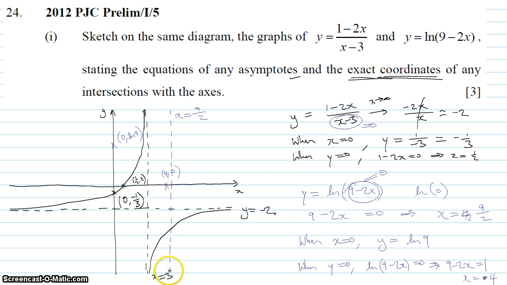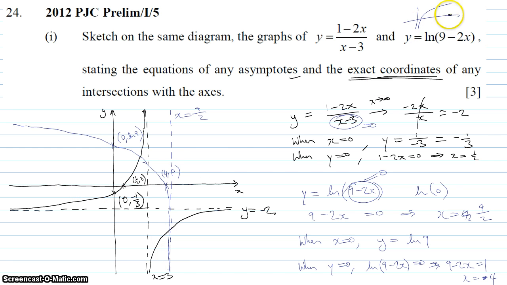It starts as usual close to the asymptote, very, very steep for this part. It hits there, comes across, passes through there, and grows in this direction. You'll notice that this time it's going from right to left as opposed to our usual ln curve.